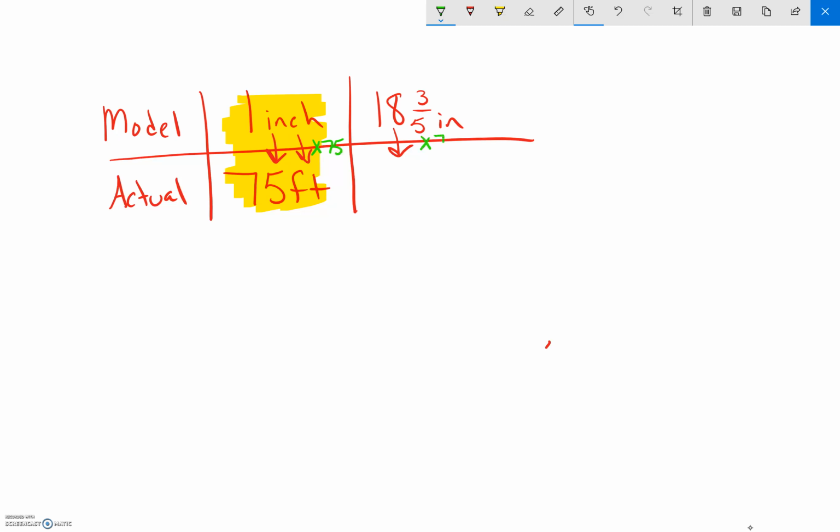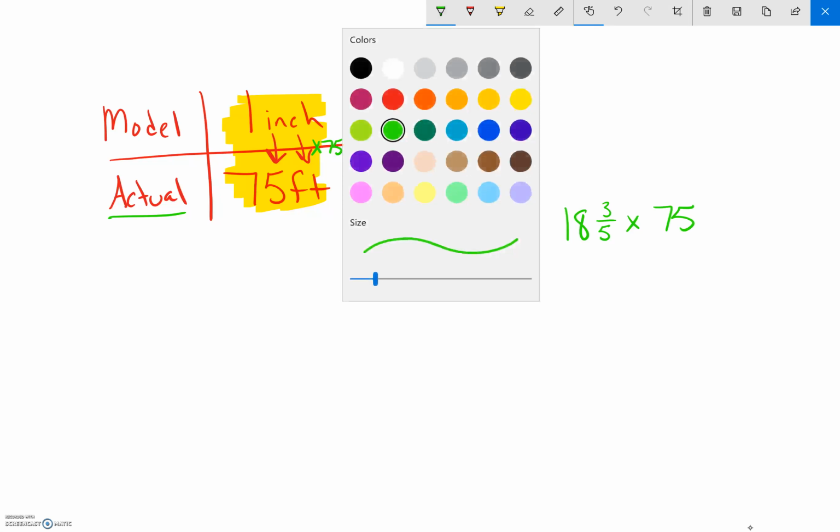So we do the same thing in this column of the table. And so to get our answer, to get our missing actual height, we're going to do 18 3/5 times 75. And this is what we've been doing in our warm-ups for quite a while now.